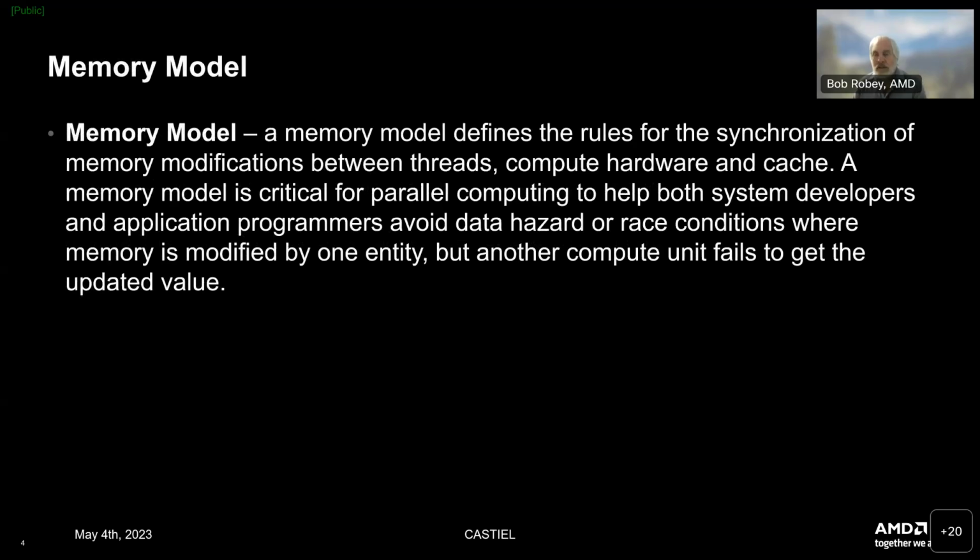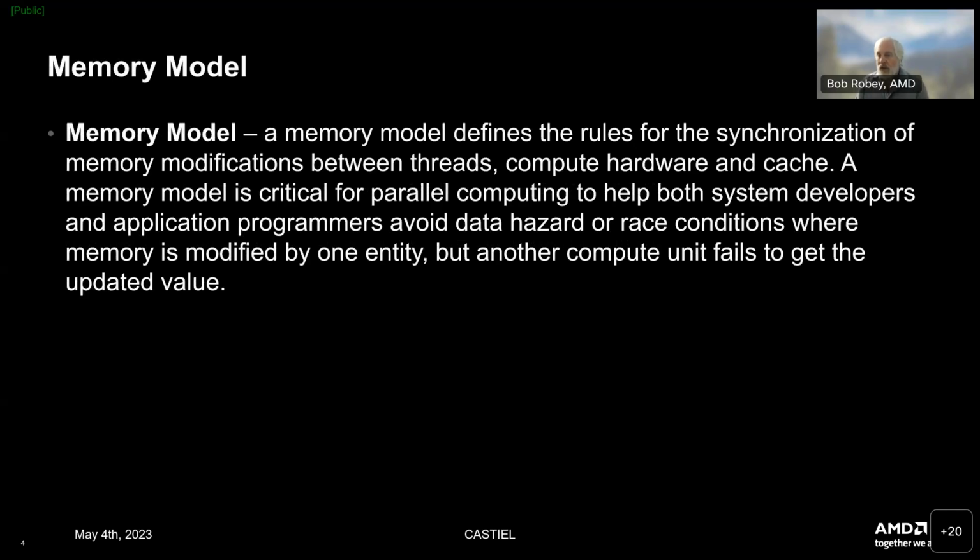So what is a memory model? Especially with these fine-grained parallelism models, you need to know the rules for the synchronization of the memory, when it gets updated, when the other threads see it.